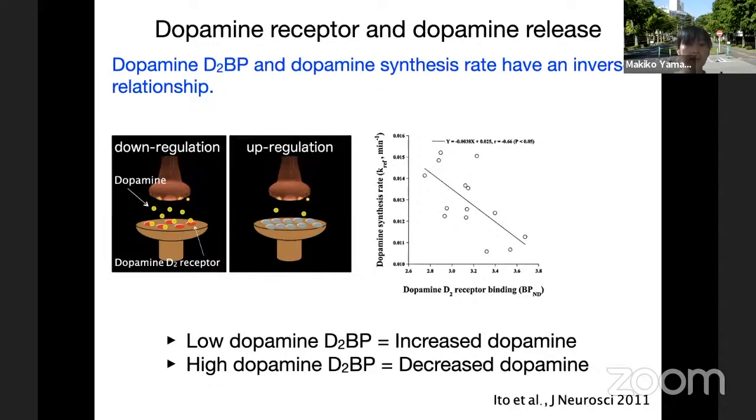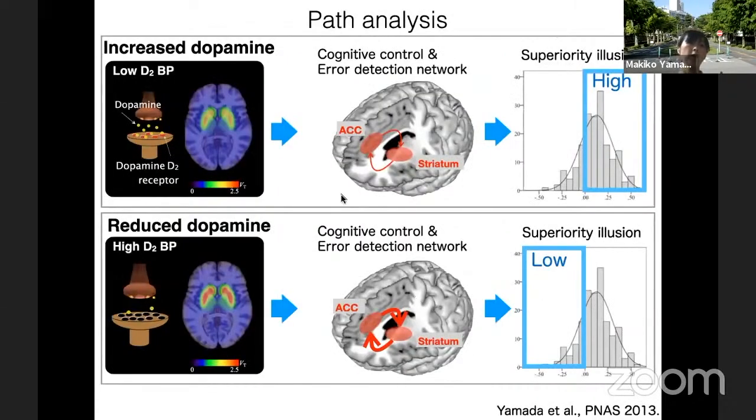Therefore, low dopamine D2 binding potential indicates an increased level of dopamine, and high dopamine D2 binding potential indicates a decreased level of dopamine. Therefore, increased dopamine indicates weaker connectivity, which increases superiority illusion, but reduced dopamine induces stronger connectivity, which suppresses superiority illusion.